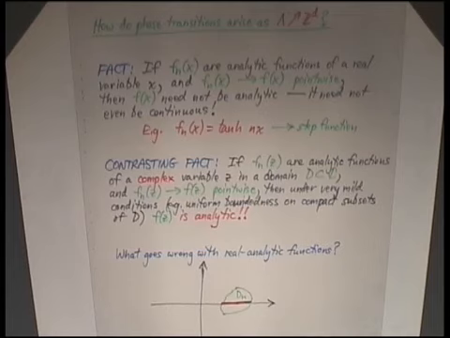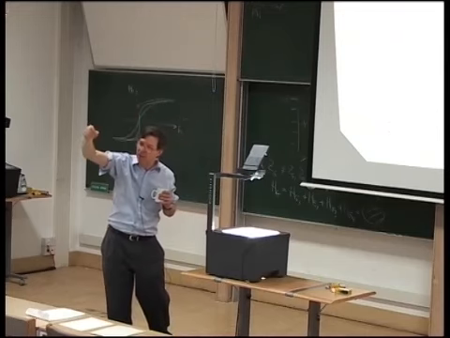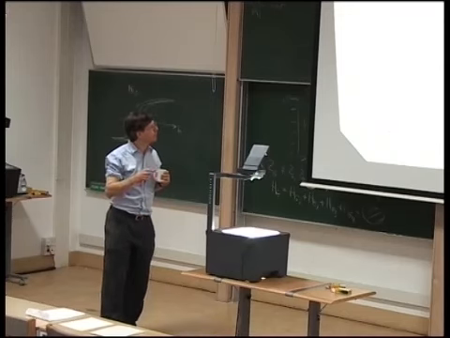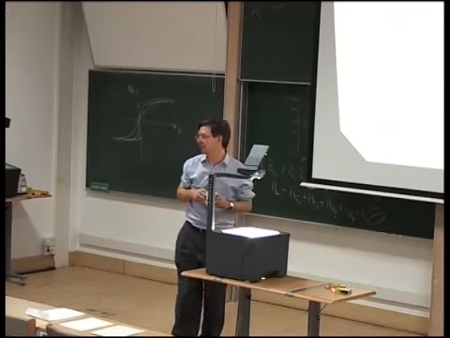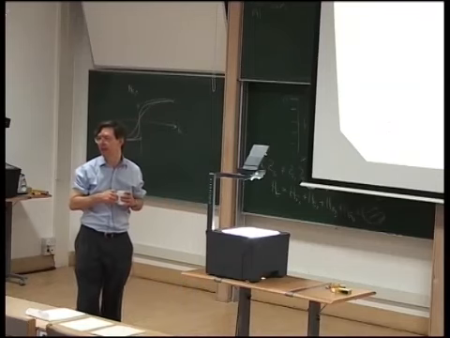Another way of saying it is the Fn's can have singularities in the complex plane off that real interval, which, however, get closer and closer to that real interval as n goes to infinity. They can pinch the real axis in the limit n goes to infinity, and then the limiting function could fail to be analytic.